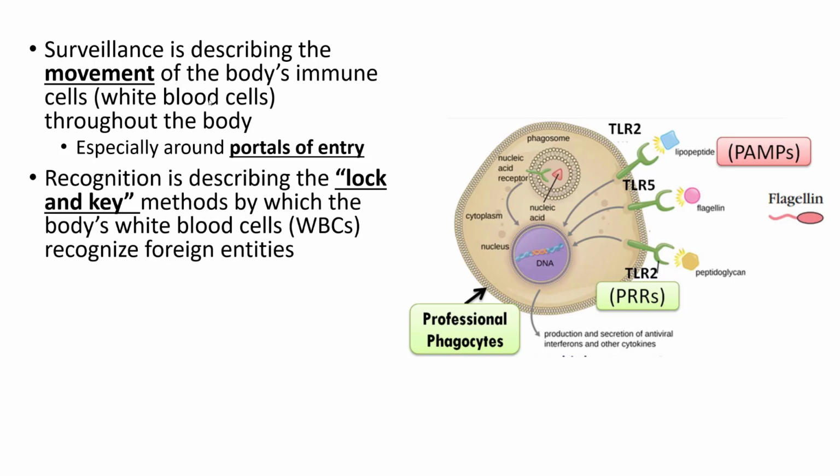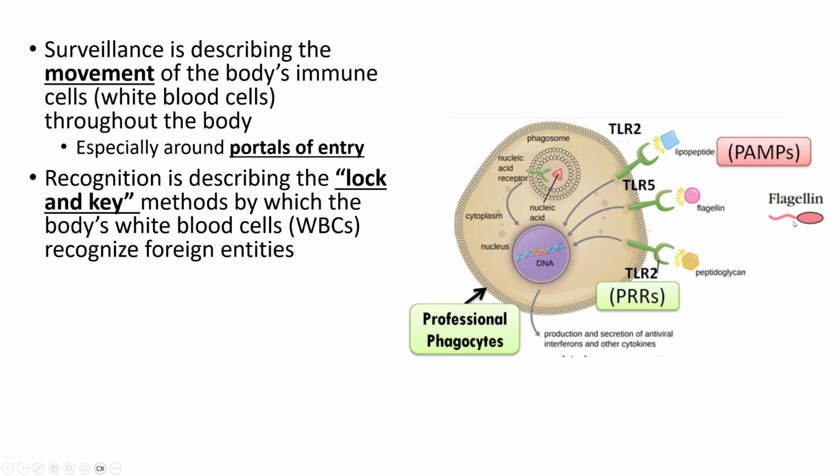Recognition tends to be described like a lock and key method. It's a little broader in the specificity, but same general idea. You have a receptor, it has to bind to a specific little structure, which is part of a microbe, and you have different receptors that all have the ability to lock on to different parts of a microbe. So some parts of a microbe are lipid, you'll have a receptor to bind to that.